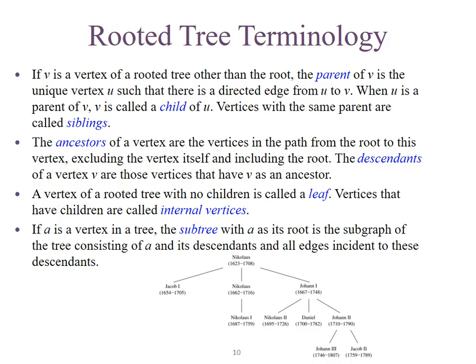The parent of V is U if there is an edge from U to V. So in this tree, once we have an edge from U to the vertex V, then we call the vertex U a parent of the vertex V. Then U is a parent of V, and V is called a child of U. In this case, we can see Nicholas has edges connected to Johansson, Nicolaus, and Jacob.